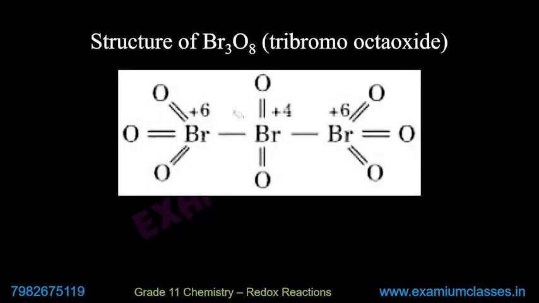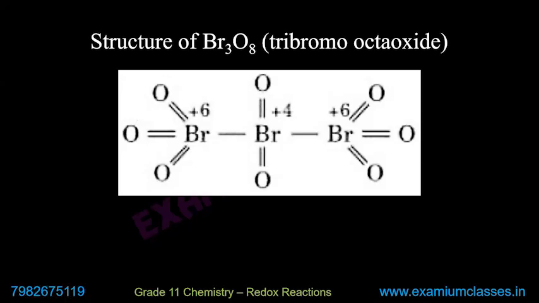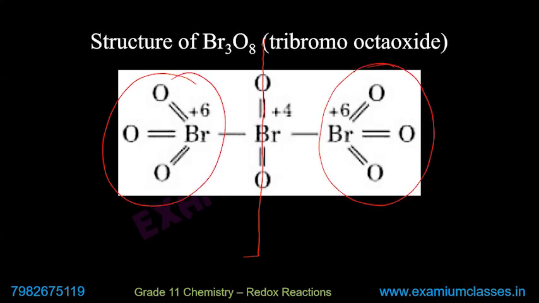Now the structure of tribromo octoxide, Br3O8. This is the structure. And as I said in the previous case, the line of symmetry is this one. On the left hand side, you will balance the charges. On the right hand side, you will balance the charges. The rest of the charges will be balanced by Br.